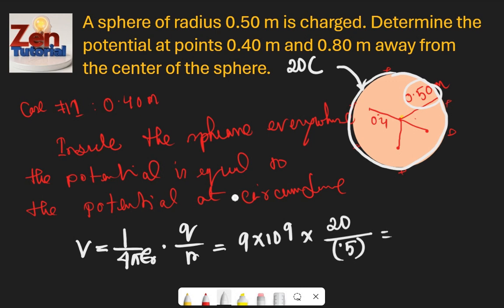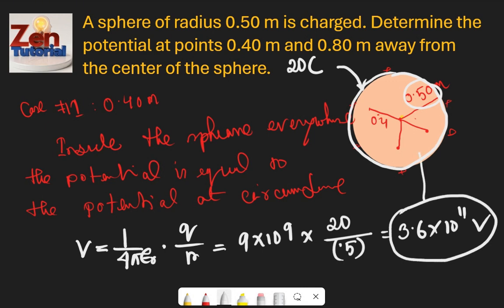So we have 3.6 into 10 to the power 11 volt. This amount of potential may be here, maybe here, maybe here, everywhere the same potential felt by the sphere if the radius is 0.5.